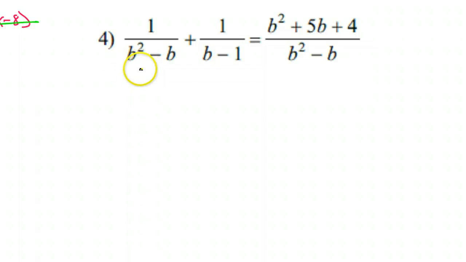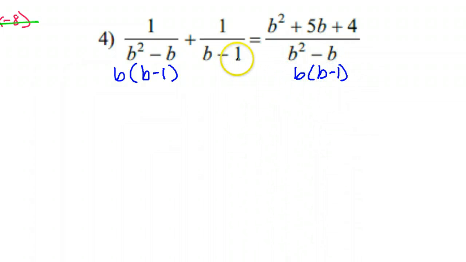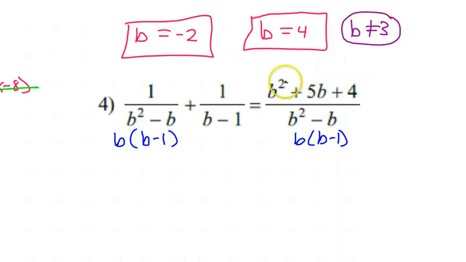Alright, on number 4 we have some factoring to do. So right here, GCF, we have b minus 1. Same thing here, we have b minus 1. Let's take a look and see what's going on here as well. See if we can factor this.